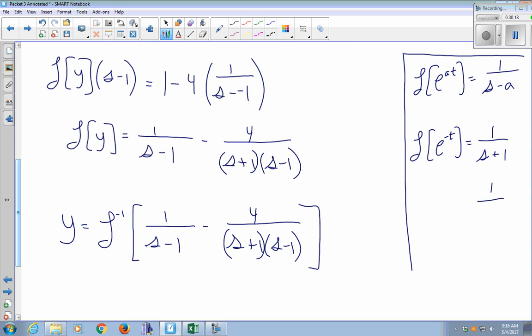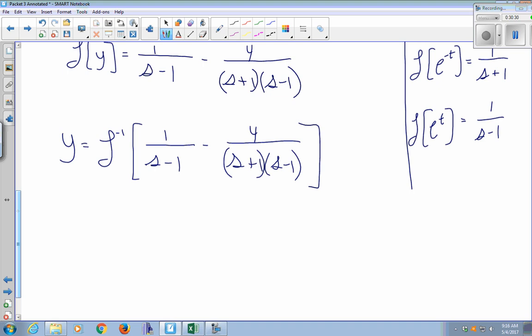What about 1 over s minus 1? That's e to the t. So I need to take the inverse Laplace of 1 over s minus 1. That's e to the t. So this part, 1 over s minus 1, if I need to go backwards, take the inverse Laplace, you get e to the t.